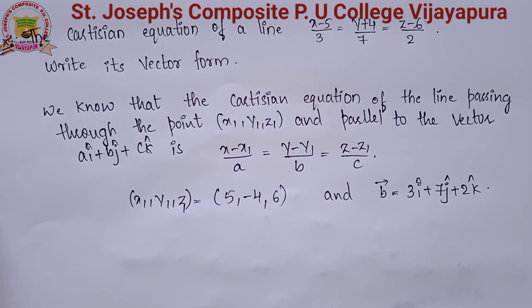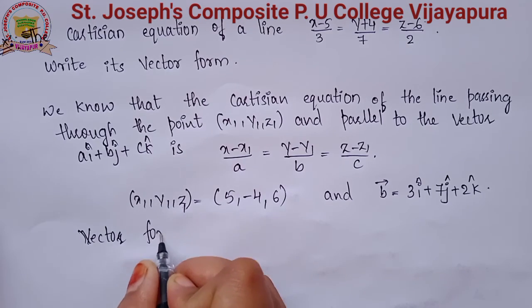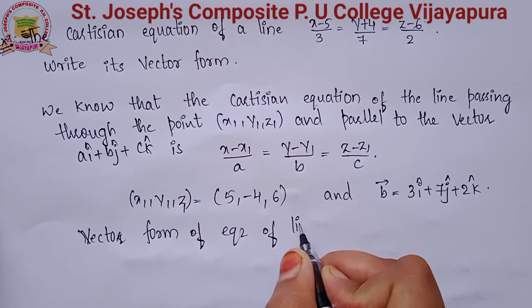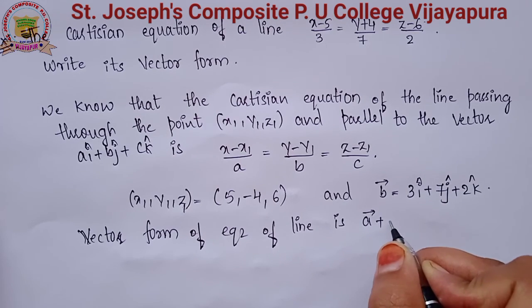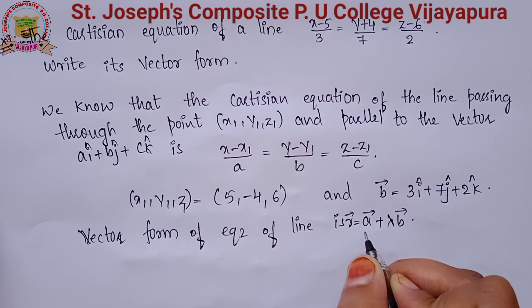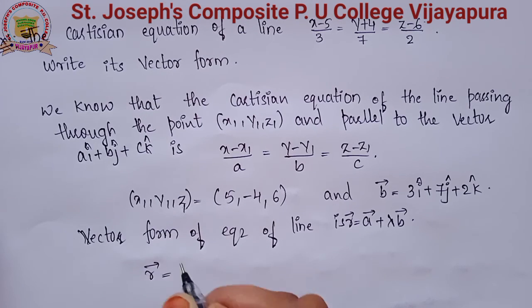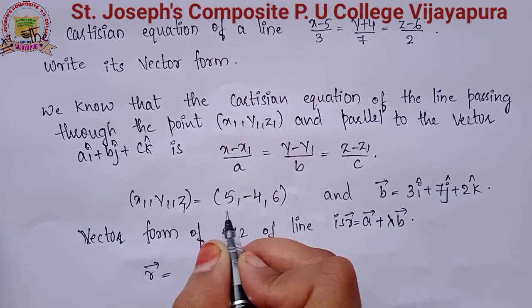And also our vector form of the equation of the line is very simple. The vector form of the equation of a line is vector r is equal to vector a plus lambda b vector. Vector a means 5i, and so on, from the Cartesian form.